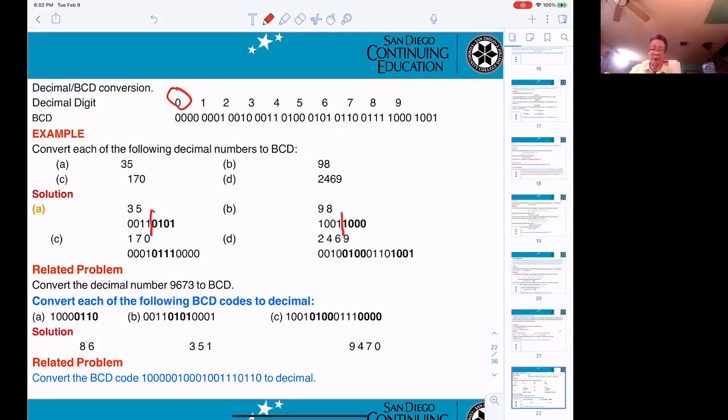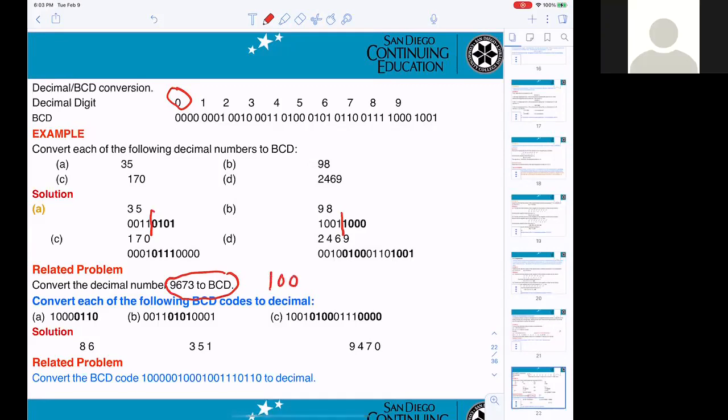Okay, for the next ones, some of you already have the answer. I don't care. Do a related problem for me. Doing that one, 9673 to BCD. So number 9 will be 1001.